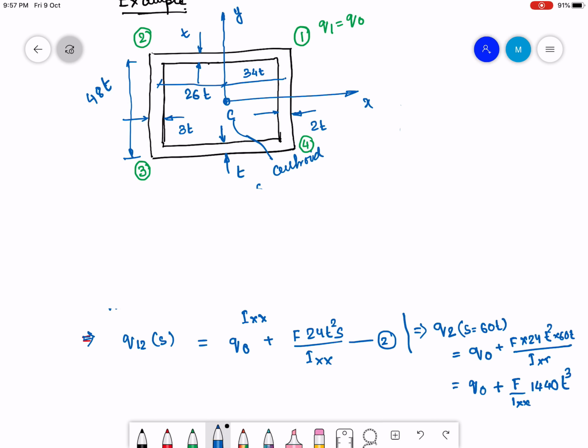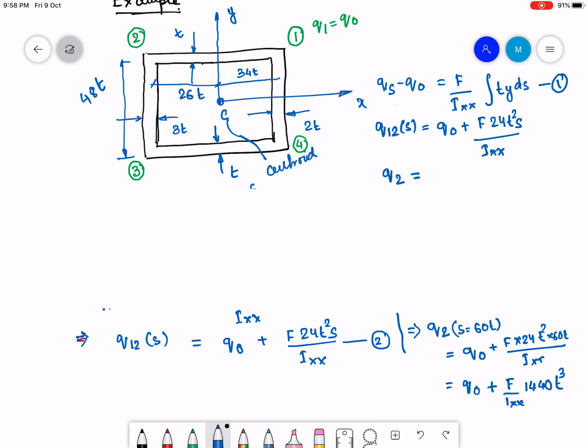That is equation 1 that I have to carry. Equation 2 is q12s is equal to q0 plus f 24 t square s. Okay, so this is my equation 2.